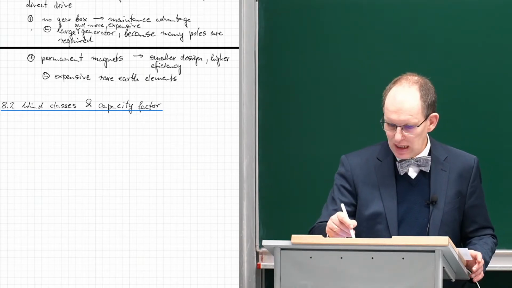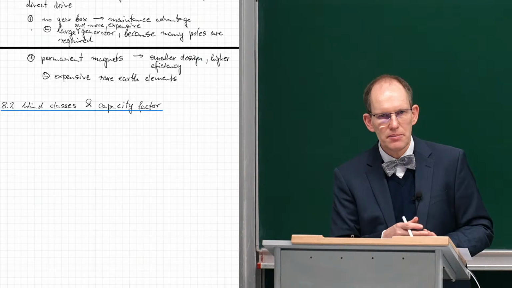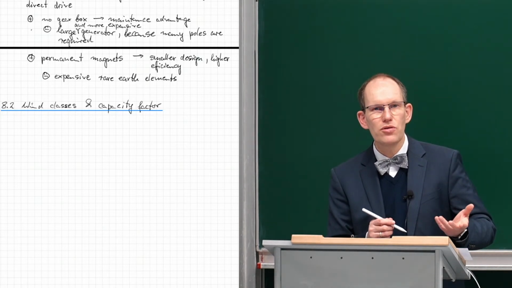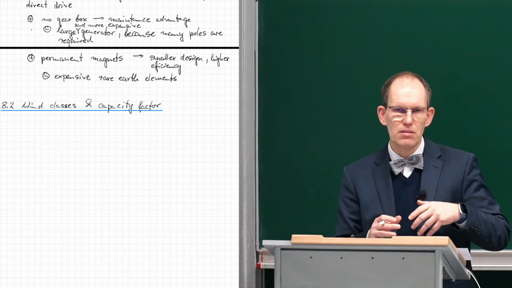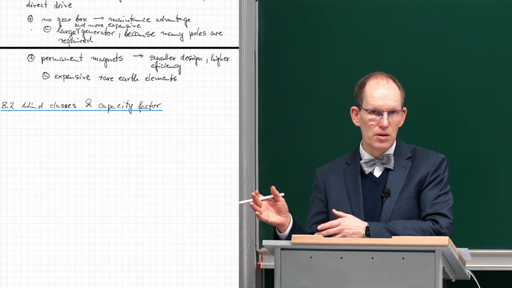And each of these classes is actually subdivided into the amount of turbulence that you have there. Right? So weak turbulence, medium turbulence, and strong turbulence.